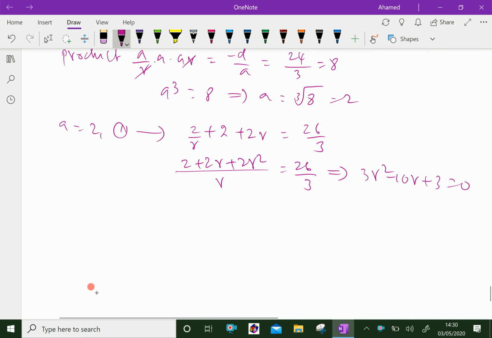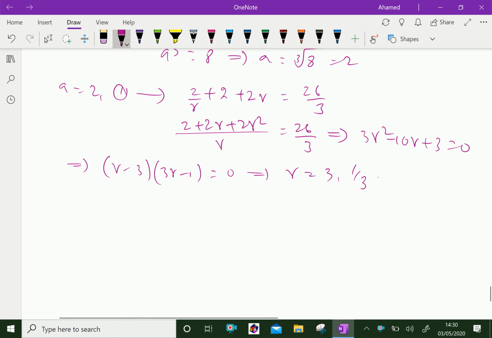By factorizing, we get r minus 3 into 3r minus 1 equal 0, which gives r values as 3 and 1 by 3.